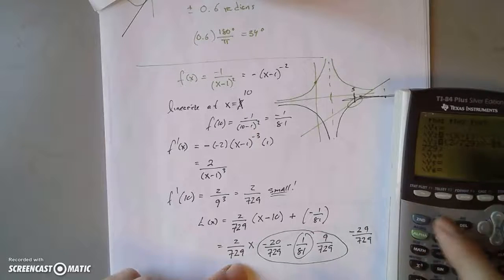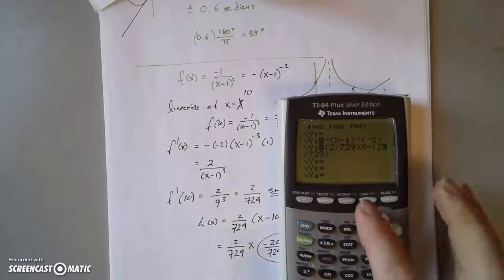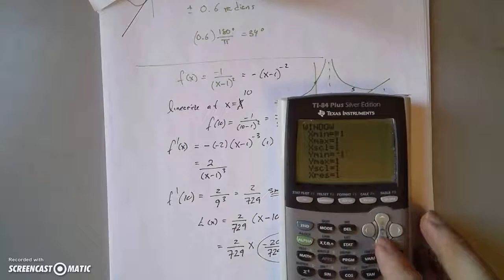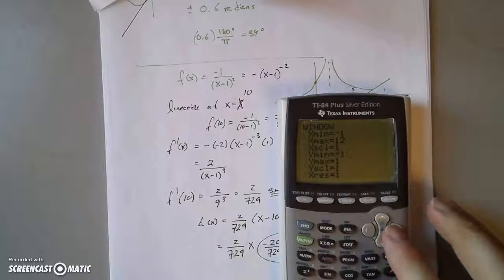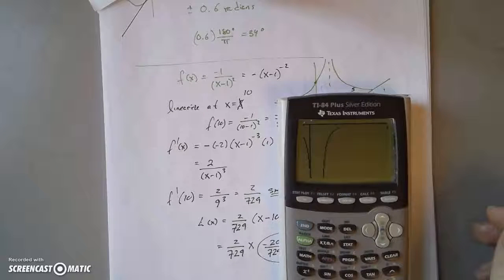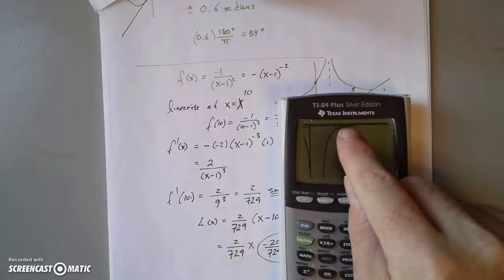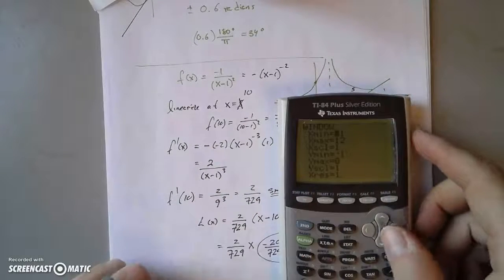And again, let's use some parentheses. And let's see, for the window, minus 1's fine. We need a bigger max, maybe a 12. We don't really need a y max of anything bigger than 0. So here's the curve, which is our function, and it's pretty small. There's the tangent line. All these things that I'm doing are also really important skills.